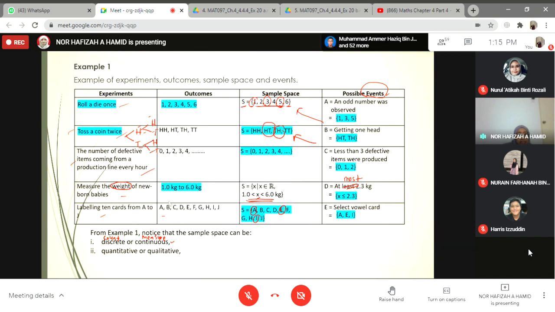Next, quantitative or qualitative. For quantitative, you refer to your sample space. Quantitative is in terms of numbers, where your sample space is in terms of numbers.